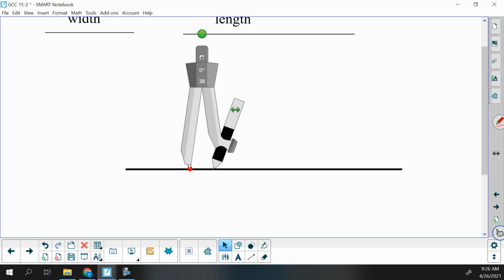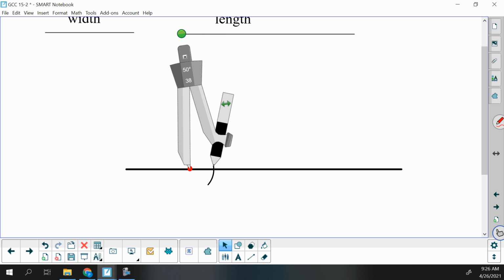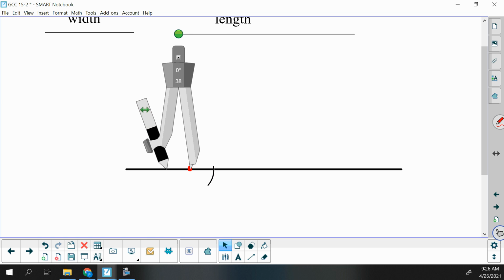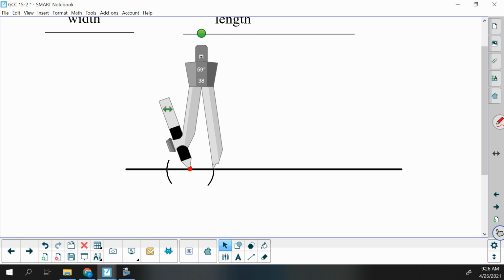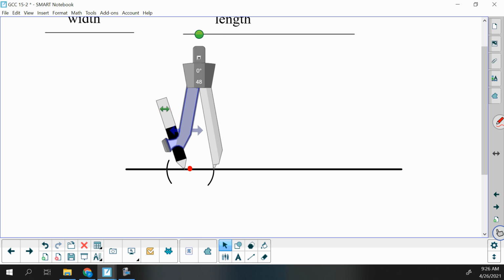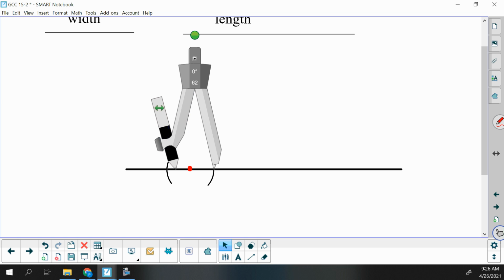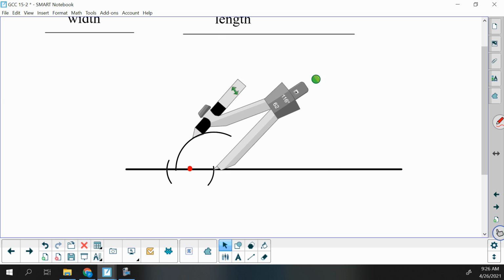So open your compass up, make a mark on one side, make a mark from there on the other side. And then put your compass on one of the intersections, and you'll have to open your compass some more because we've got to be over halfway. And we'll swoop it up and swoop it down.